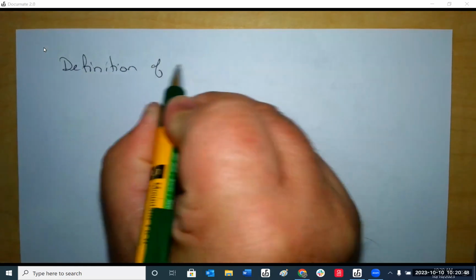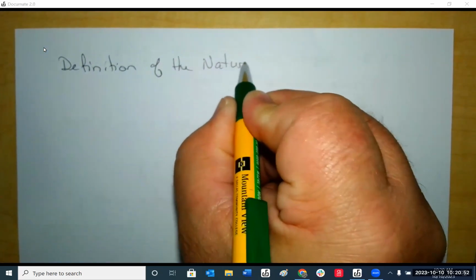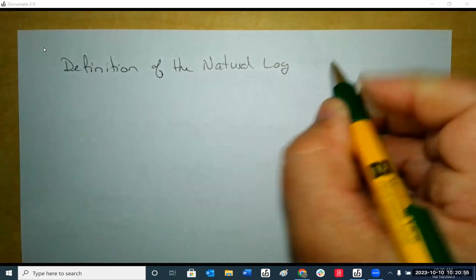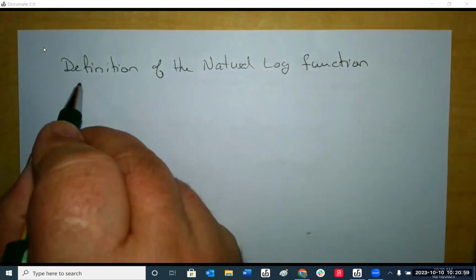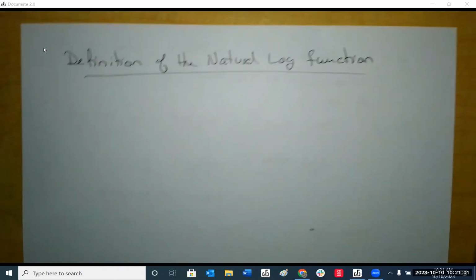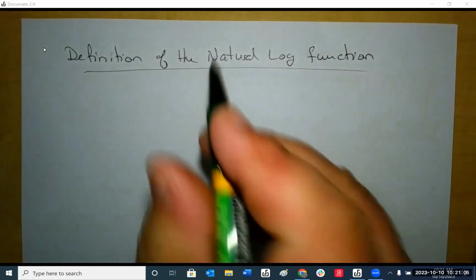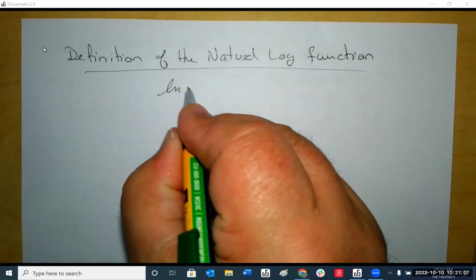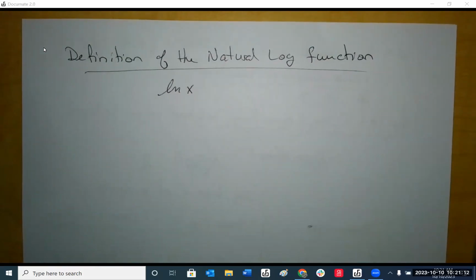The definition of the natural log function. Remember, what does natural log look like? So the definition is this.